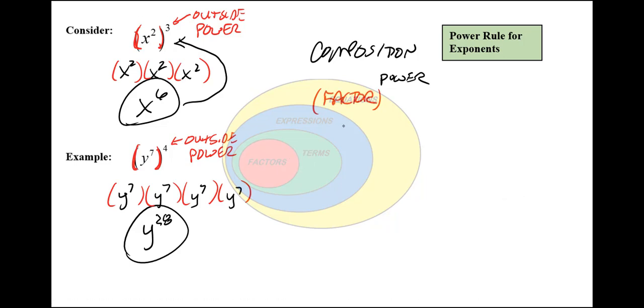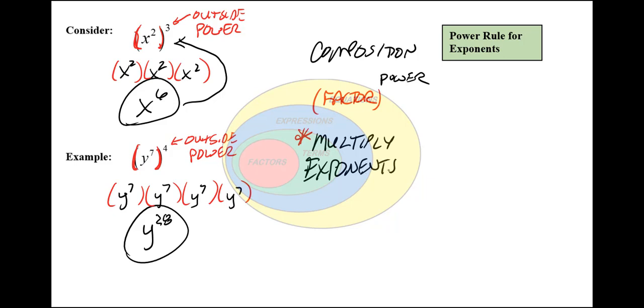So if I'm raising a factor, and this factor could be raised to a power, but if I'm taking a factor to a power, then all I need to do is multiply exponents. So that's the rule. Just multiply exponents.